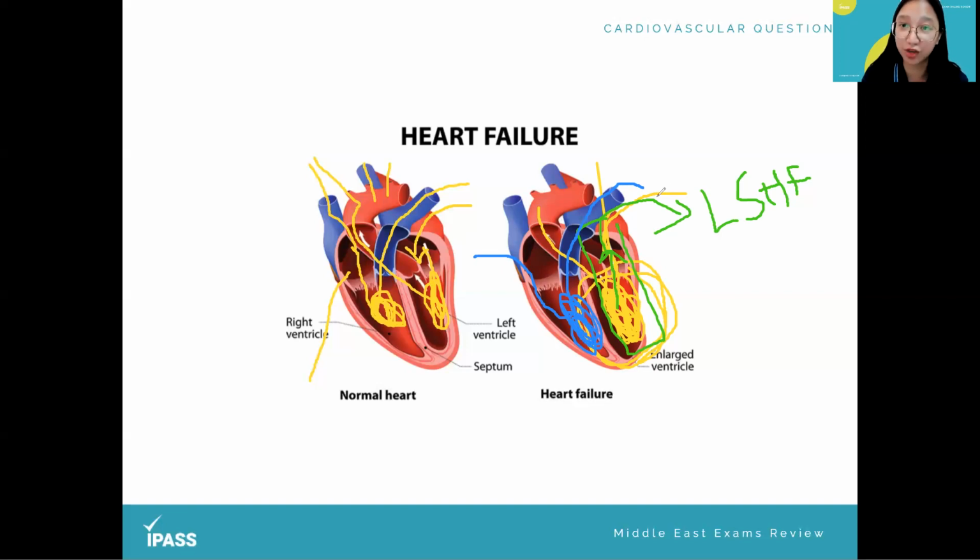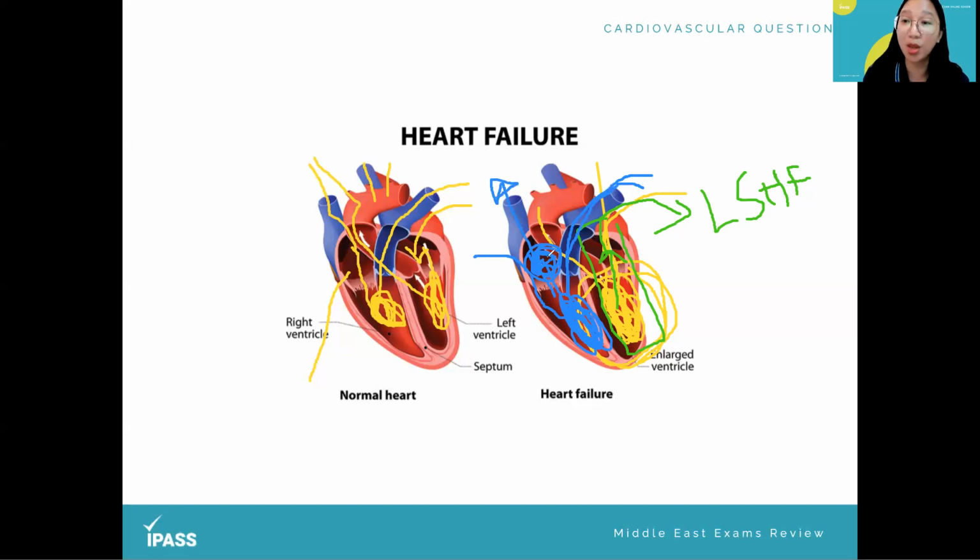Because there is backflow from the lungs and there is incoming blood from the right atrium. So backflow plus incoming equals congestion. Congestion equals regurgitation.